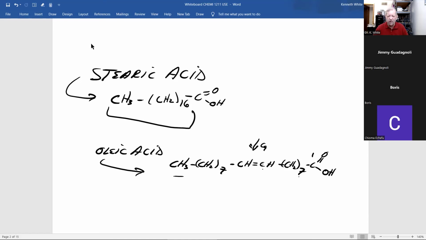Now, you learned for esters, take the name of the acid, drop the IC and the word acid and add ATE, I'm sorry. So if you see something that says stearate or oleate, that's an ester made from stearic or oleic acid.